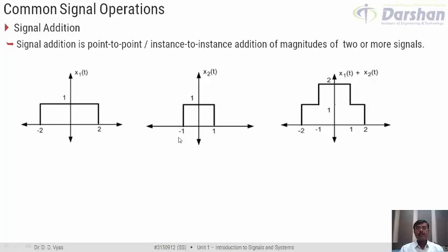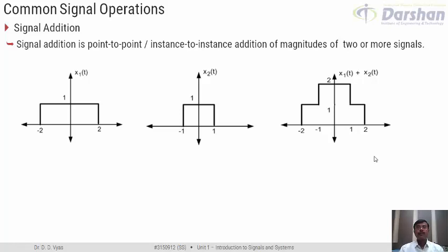Now x2 is 1 between minus 1 and 1. And between minus 1 and 1, x1 is also 1. So this 1 plus 1 would give you 2. So between minus 1 and 1, you would get the magnitude of 2. Between 1 and 2, you would get the magnitude of 1. And beyond 2, again you would get the magnitude equal to 0.